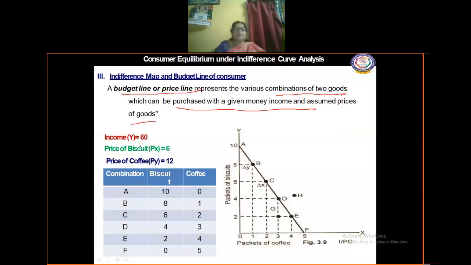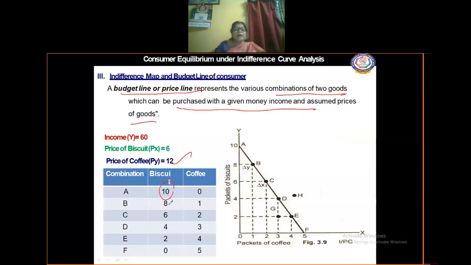Now, for example, two goods, biscuit and coffee. So, how the consumer prefers for the fixed income and the fixed price, you can see from the schedule. This is a schedule where the biscuit is preferred in combination with the coffee at the initial stage.